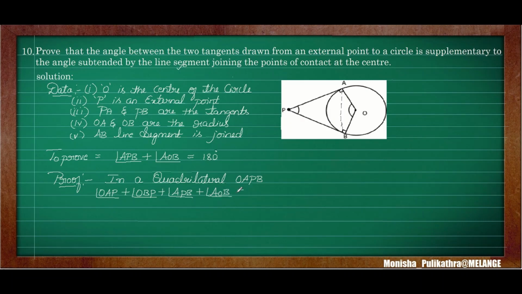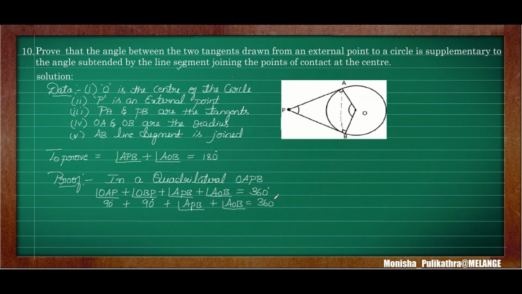All the four interior angles in a quadrilateral sum to 360 degree, where by the perpendicular theorem, the radius which touches the tangent at a circle will be perpendicular. So this angle and this angle will be 90 degree. So OAP is 90 degree and OBP is also 90 degree. APB is not known and AOB is also not known, so write as it is.